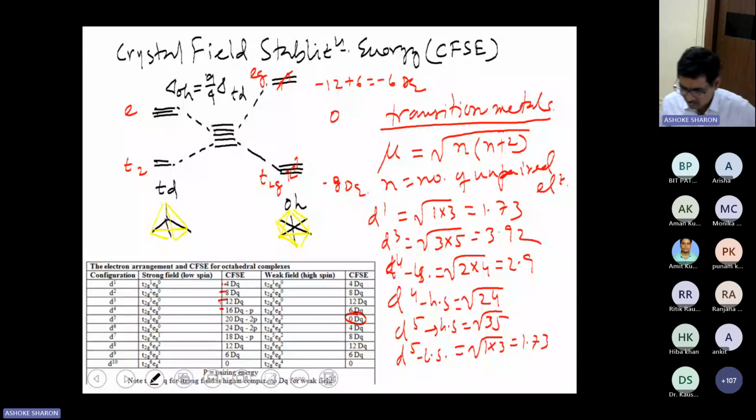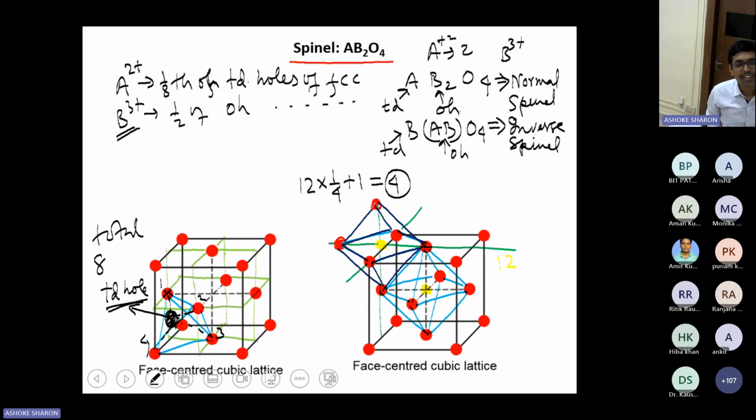So if a particular electronic configuration gains more CFSE on moving to octahedral holes, then it will definitely go to the octahedral site. From here we can analyze whether the general formula AB2O4 will adopt a normal spinel structure or an inverse spinel structure. That depends on the electronic configuration of the corresponding metal ions.